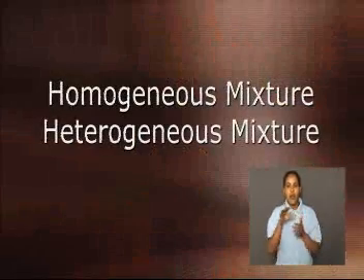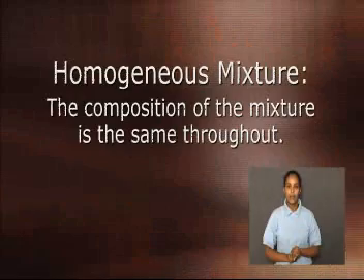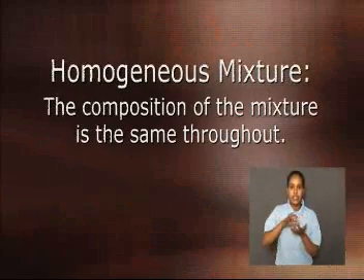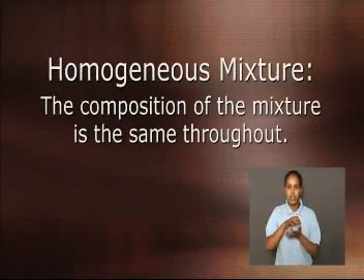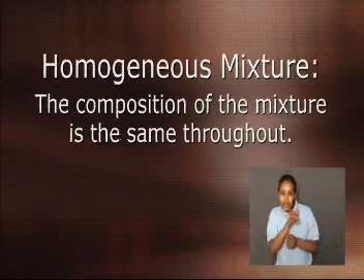When discussing mixtures, there are two classifications they fall under: homogeneous and heterogeneous mixtures. A homogeneous mixture is a mixture in which the composition of the mixture is the same throughout. In this type of mixture, there are no visible boundaries between the components involved.